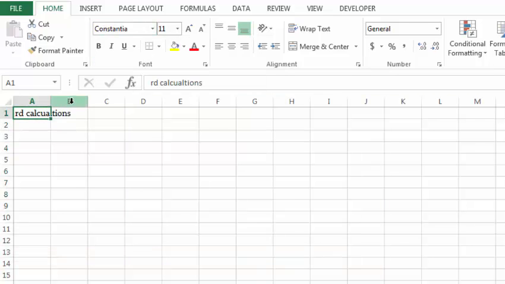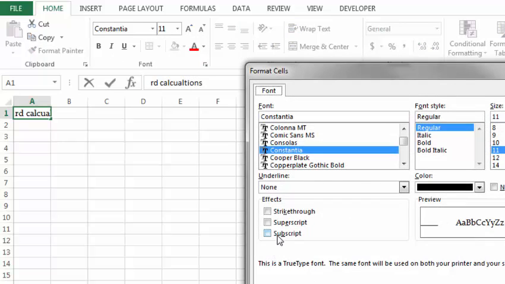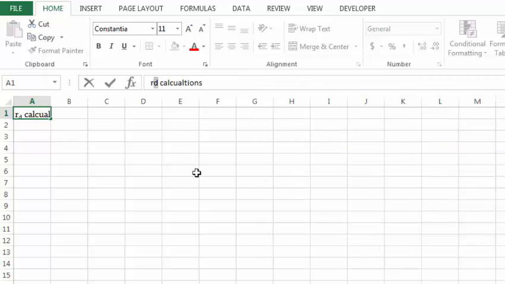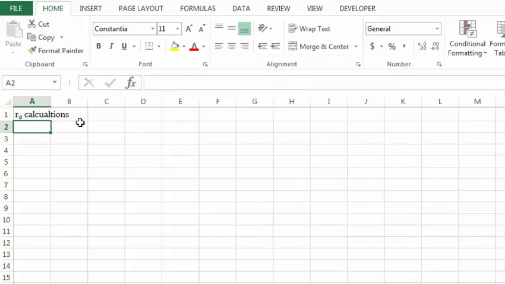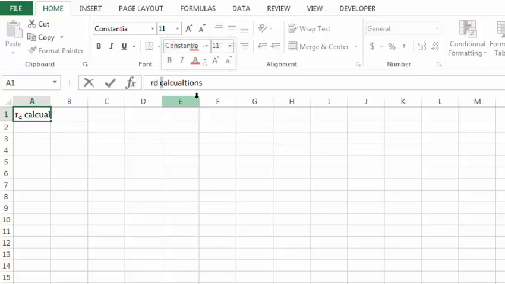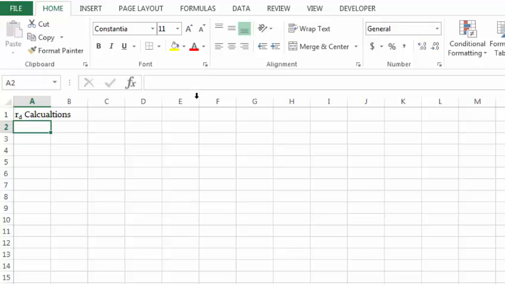I have to be different. So bear with me as I change my fonts and get my subscripted D. Probably need to capitalize calculations because this is kind of a heading. All right. And might as well make it bold while we're at it.